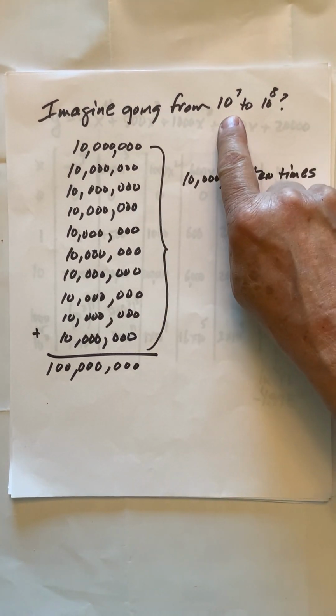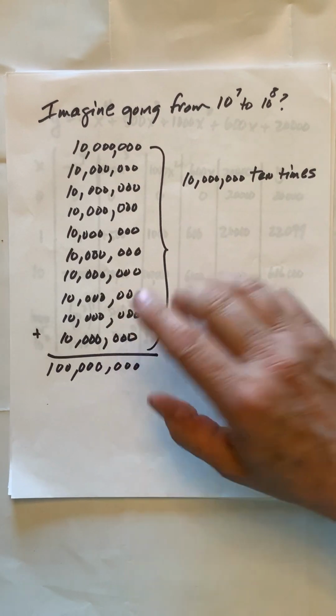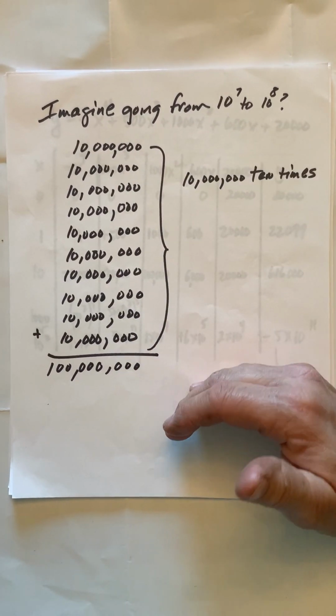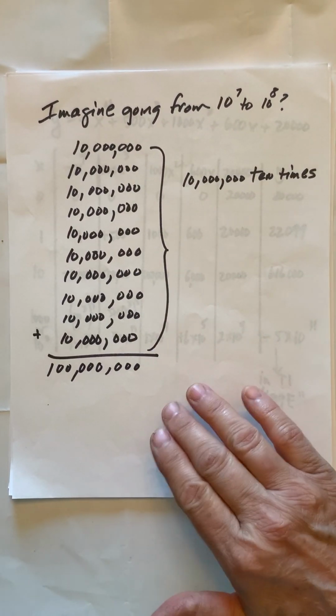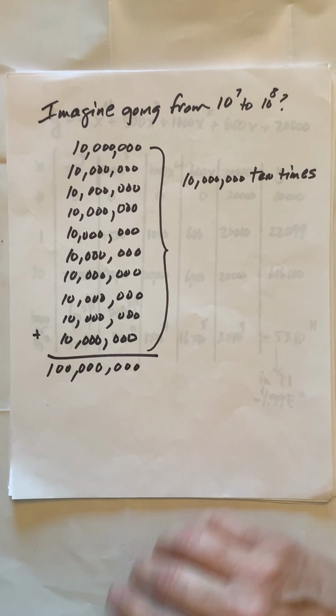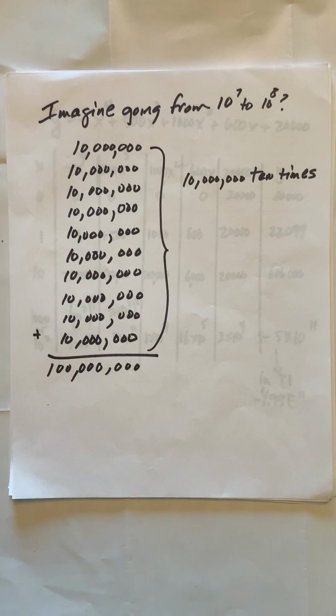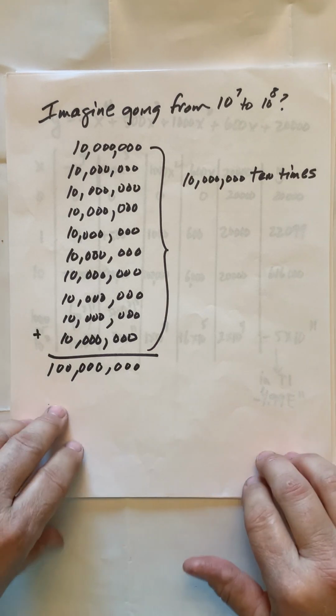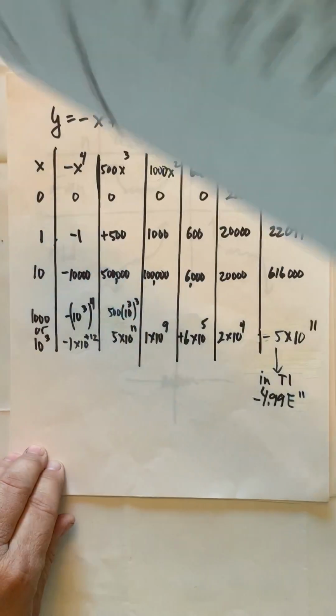You already start with a big number, 10 to the 7th, and then you have that 10 times to represent 10 to the 8th. It's just huge, right? And that isn't even considered a big number. I'm talking about in behavior, I'm talking about really big numbers. That's just to give you that idea.